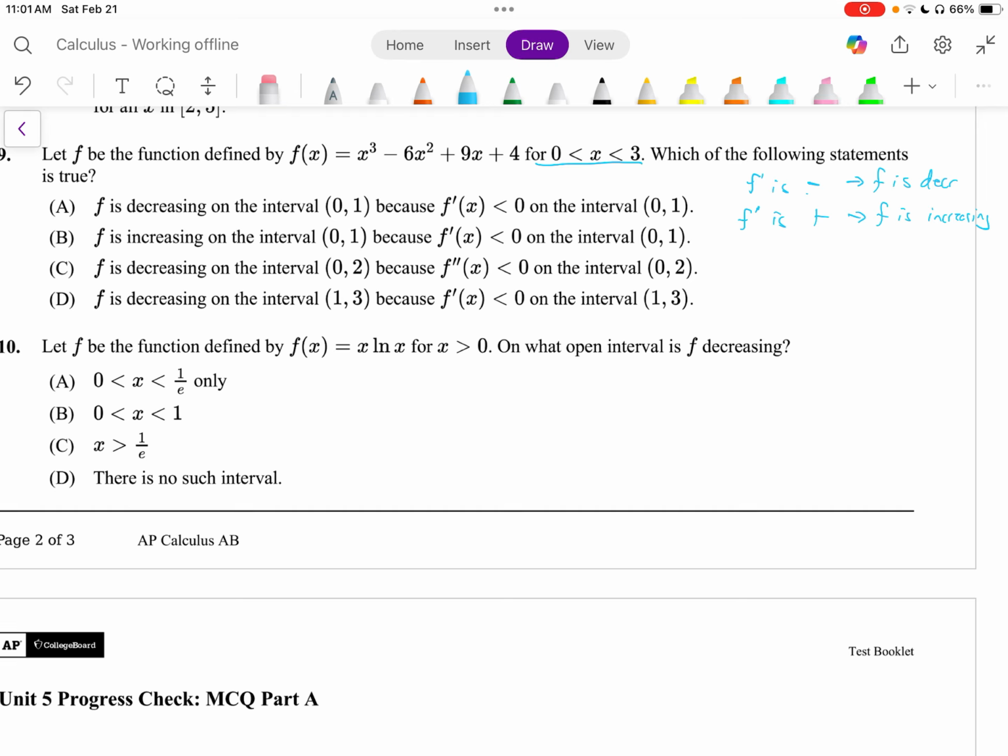So let's find the derivative. Derivative is 3x squared minus 12x plus 9. We want to set that equal to 0. And at the same time, we see that 3 goes into all those, so we'll divide everything by 3.